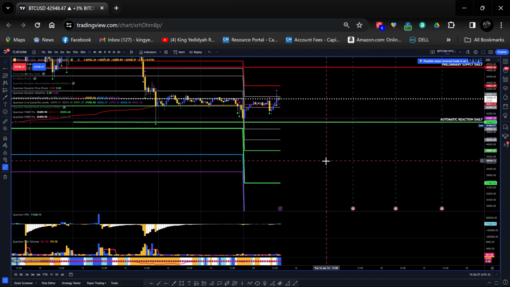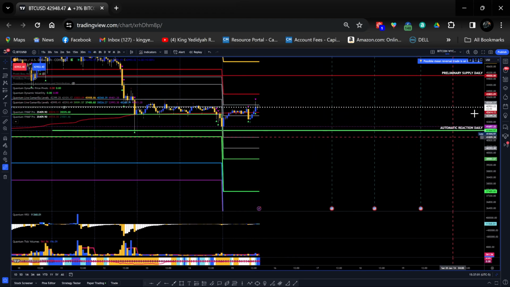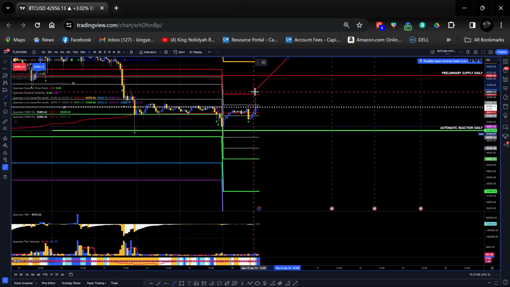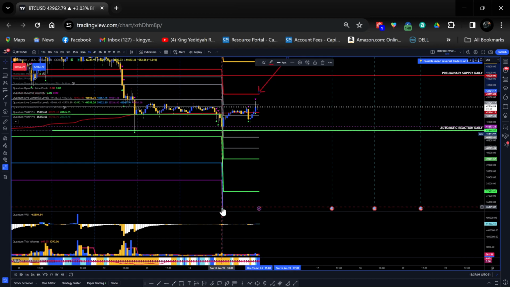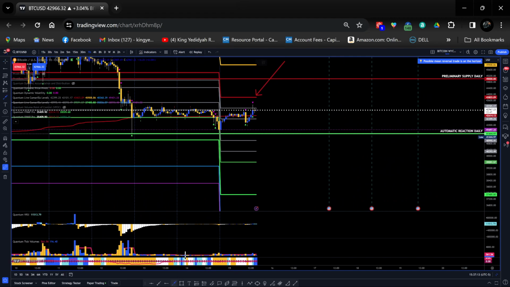Okay, so this is the 1 hour chart and I threw on the weekly Camarillas. We're in an overlapping lower value relationship. Let me point that out. This is Camarilla R3 on the weekly, and that's Camarilla S3.